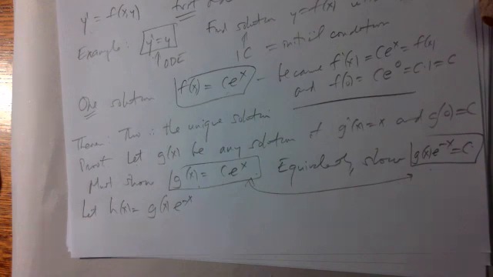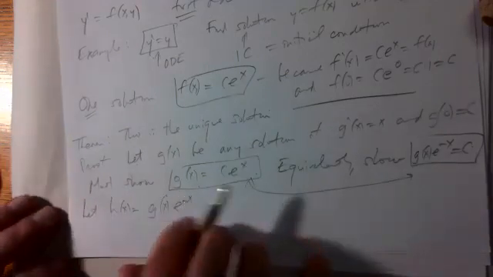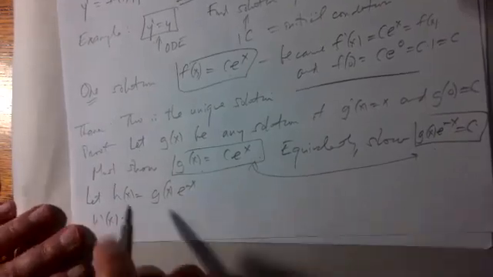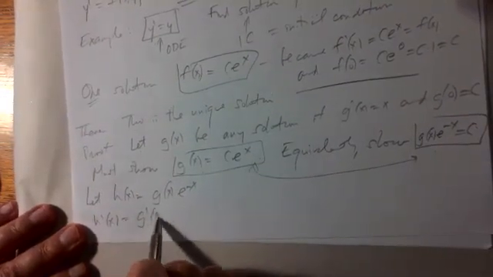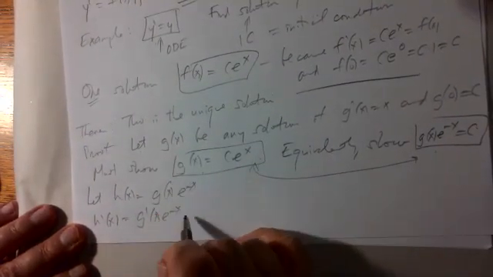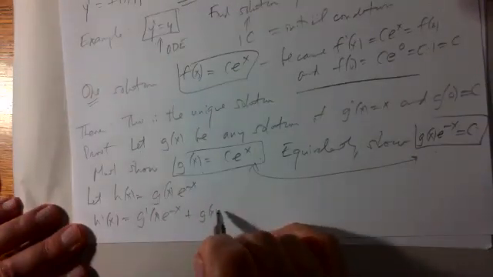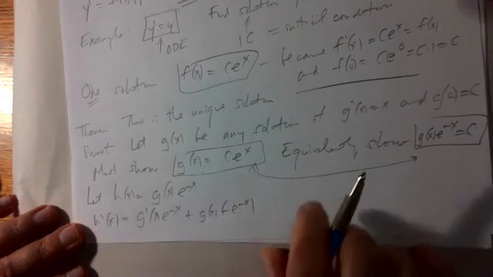A function is a constant, certainly, if its derivative is 0. So let's differentiate. h prime of x, by the product rule, is g prime of x e to the minus x plus g of x times the derivative of e to the minus x, which is minus e to the minus x.